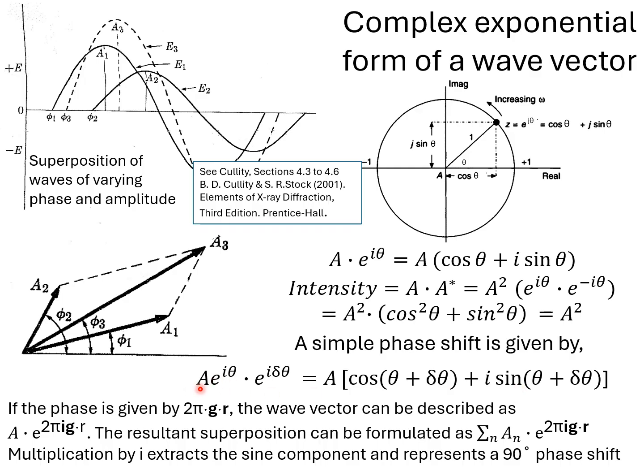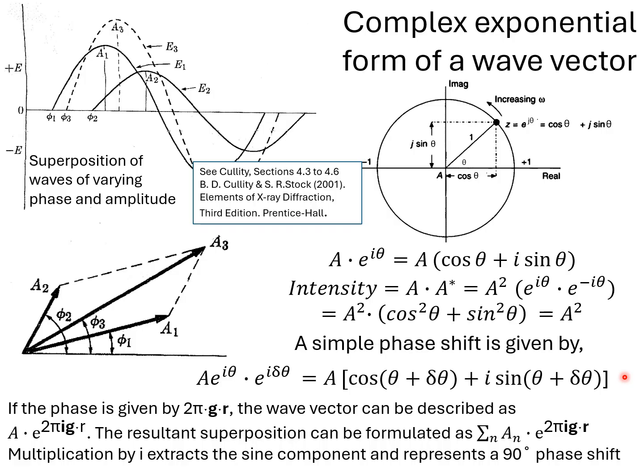So if this A is a complex number, let's say A plus iB, then the iB part, when you multiply it by the Euler number which represents the wave in this form, you're actually extracting the sine component. You're moving the sine value of the Euler number from imaginary space into real space, and that would then represent the scattered wave. So that becomes kind of important.